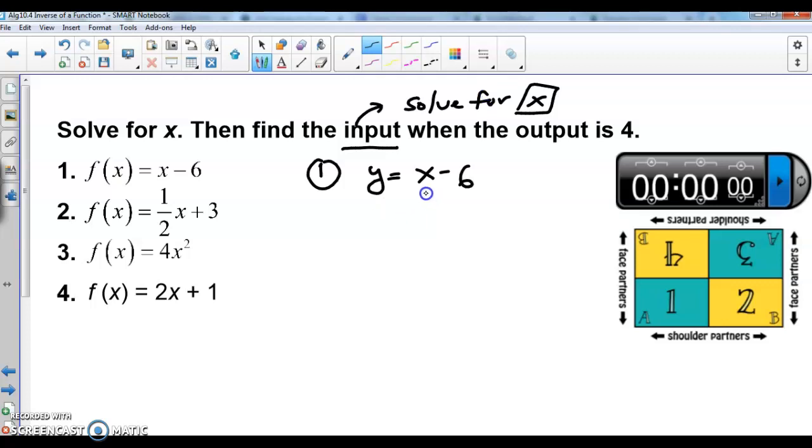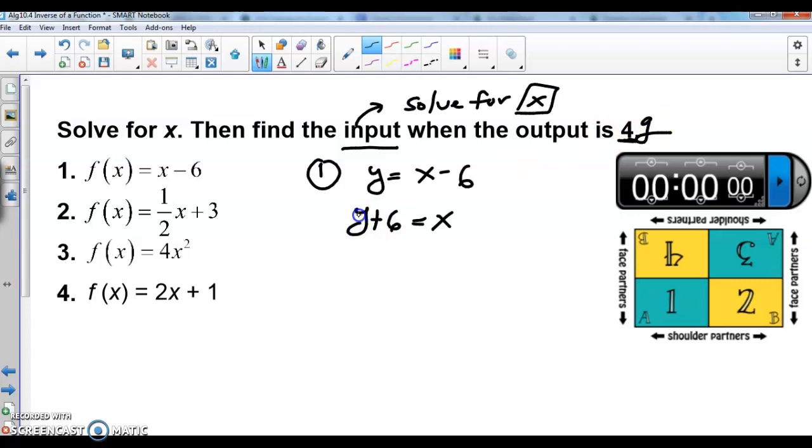So here, if you isolate x, what will you do? You have to move the 6 over. So you will have y plus 6 is equal to x. It says here solve for x, we've done that. And then find the input when the output is 4. Where are you going to substitute 4? The output is the y, right?